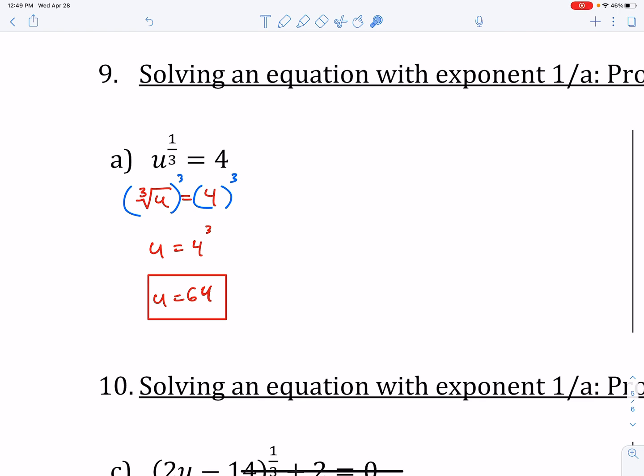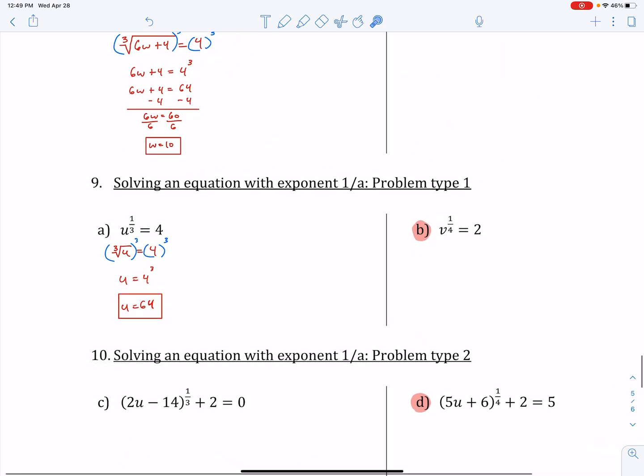Well, we learned that in 5.3, I believe. If I take it to the power of 3, that gets rid of that cubed root, and that's what we learned during this class for 5.5 and 5.6, and you go ahead and solve. So it is vital that you do that. Go ahead and try this one.